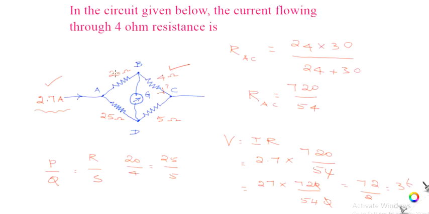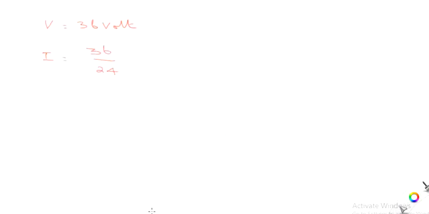Therefore, the resistance is 20 plus 4, 24. Therefore, 36 by 24 is equal to 1.5 ampere. This is the current through the ABC arm. That means it is the current through your 4 ohm resistance.